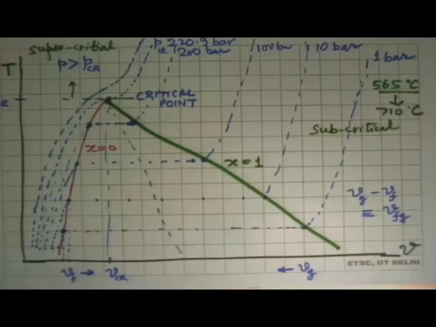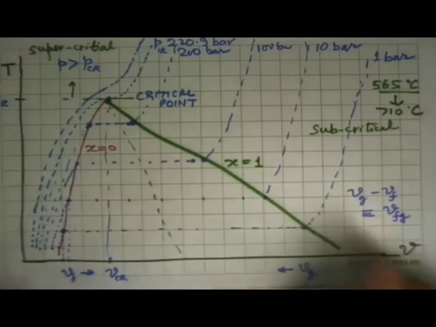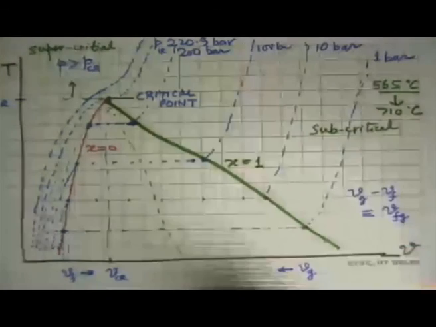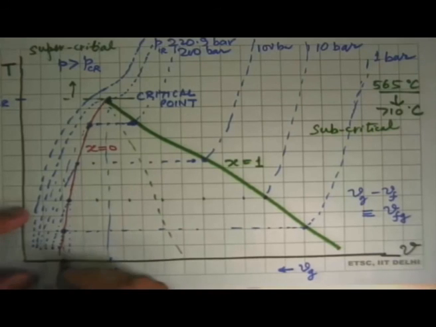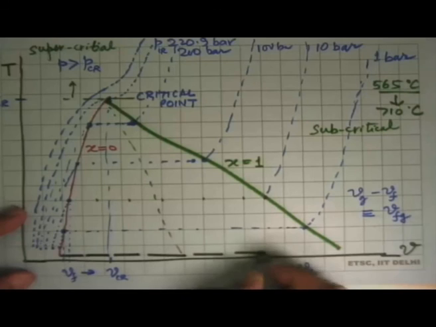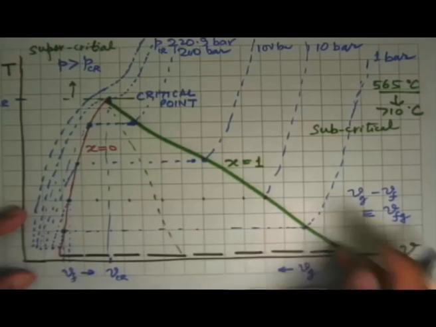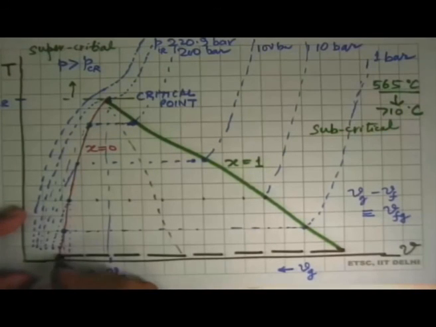The next question comes up, what happens below this? If I decrease the pressure to 0.1 bar, 0.01 bar, will I get the same behavior? And the answer is yes, you will get the same behavior until we reach a point which I will call here, where these lines will end, and this is what is called the triple point.